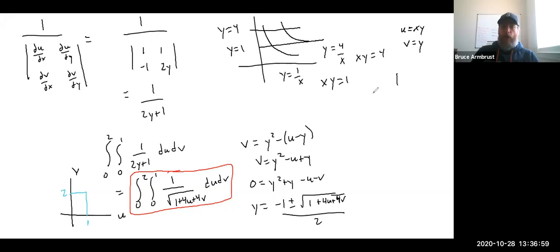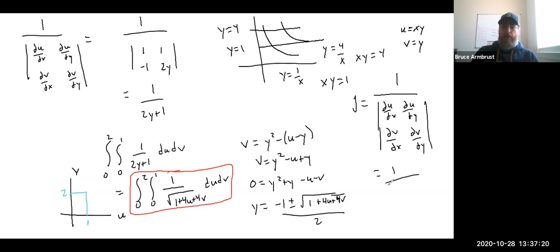So we'll have 1 over du dx, du dy, dv dx, dv dy. So du dx would be y, du dy would be x, dv dx would be 0, and dv dy would be 1. So that ends up just being 1 over y.